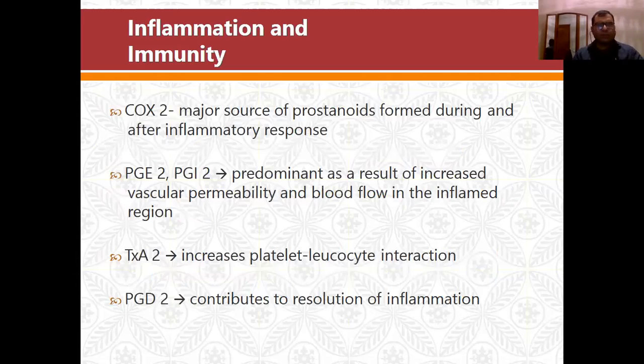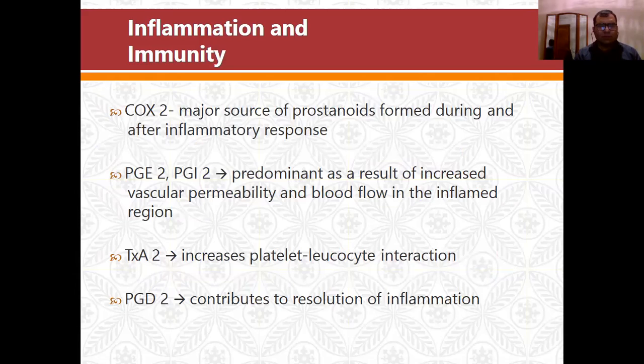Inflammation and immunity: COX-2 is the major source of prostaglandins formed during and after inflammatory responses. Prostaglandin E2 and prostaglandin I2 predominate as a result of increased vascular permeability and blood flow in the inflamed region. Thromboxane A2 increases platelet-leukocyte interaction.